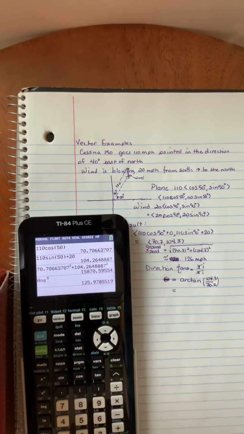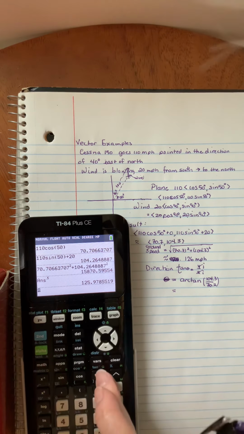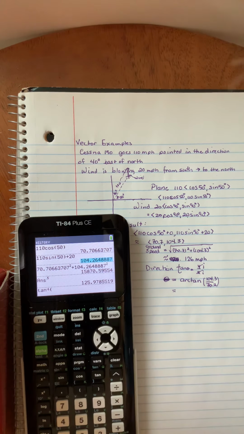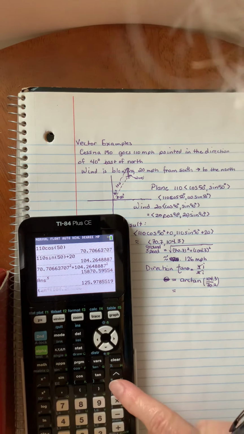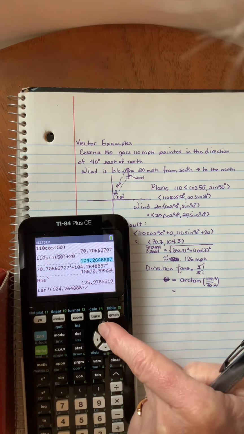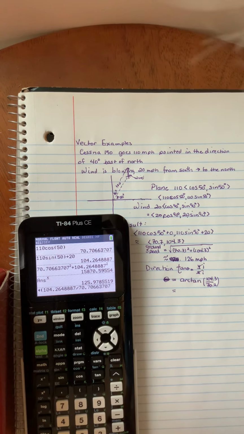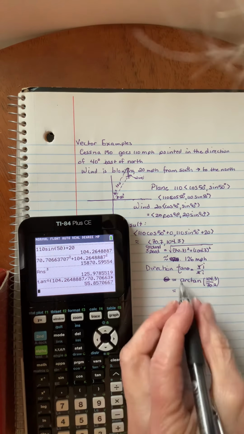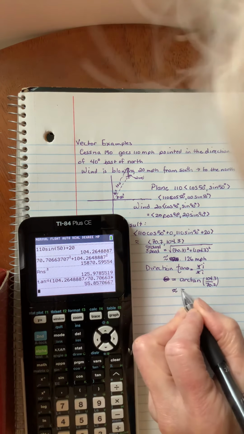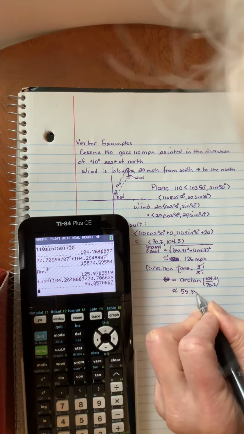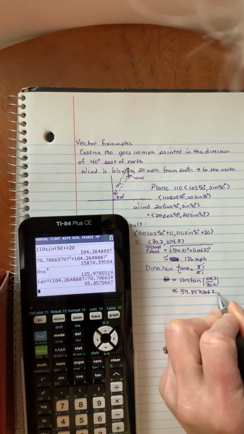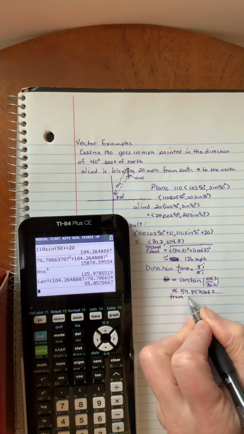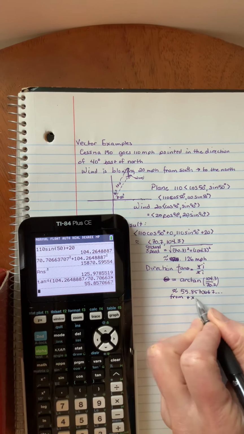So let me do that. I've got to take inverse tangent, so right there. And I want the 104, so I'm going to go up here and grab it. And then I'm going to divide by the 70.7. That one's a little more exact. And close parentheses, and I've got this angle. I've got theta is approximately 55.8570667, etc. Now, that's from the east, or from the positive x-axis.